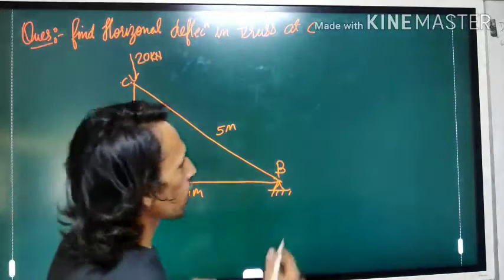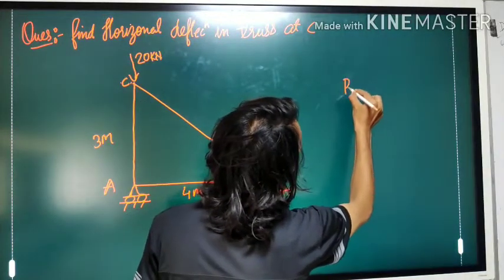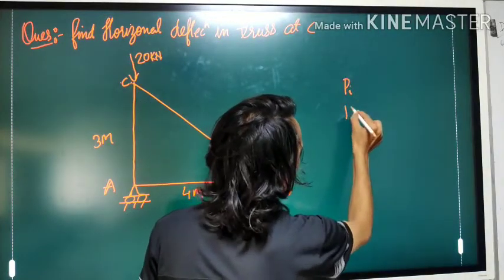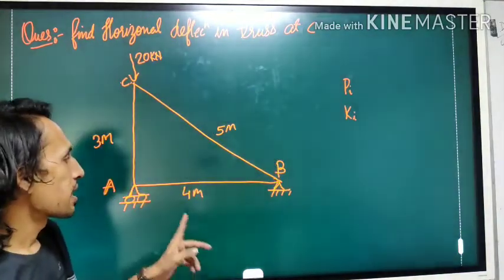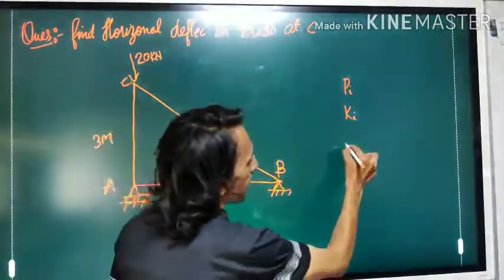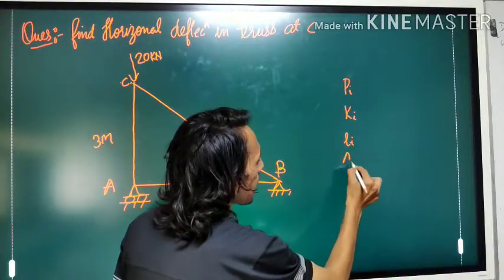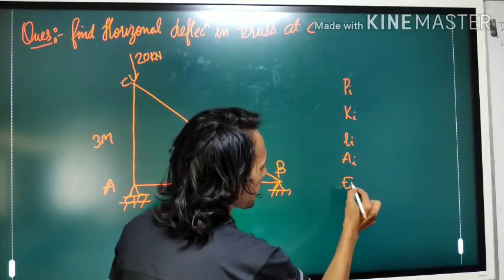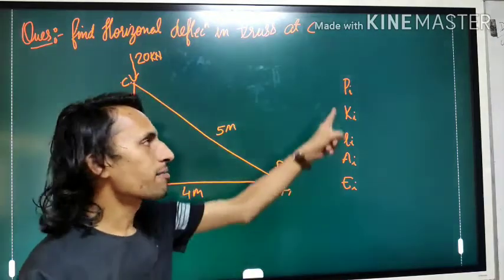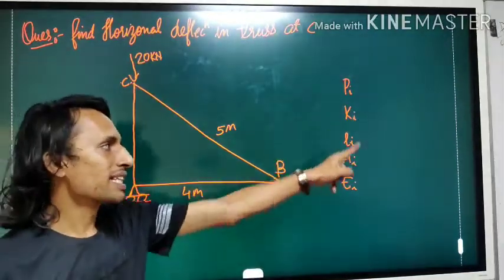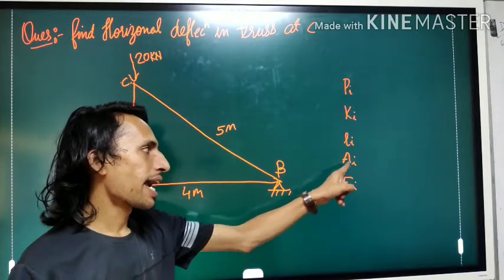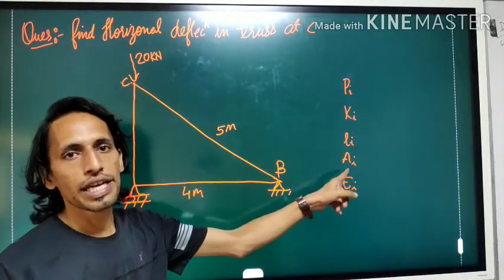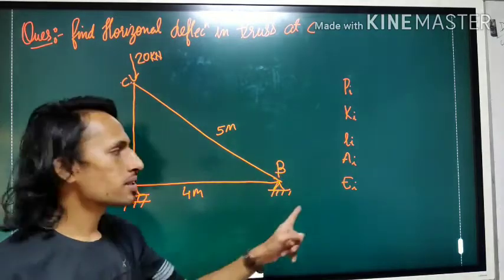So what do we need? We need all the values of PIs. We need all the values of KI and length LIs, AI and EI. For every member we need these values. Out of which EI and AI is already fixed for all the members.